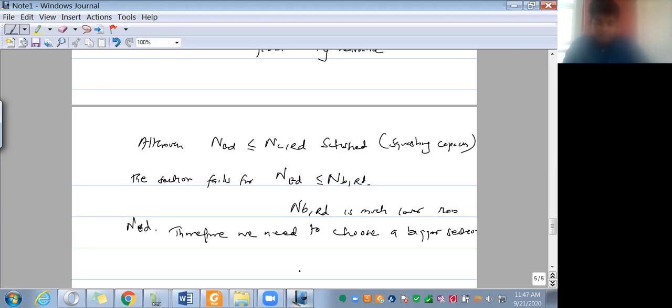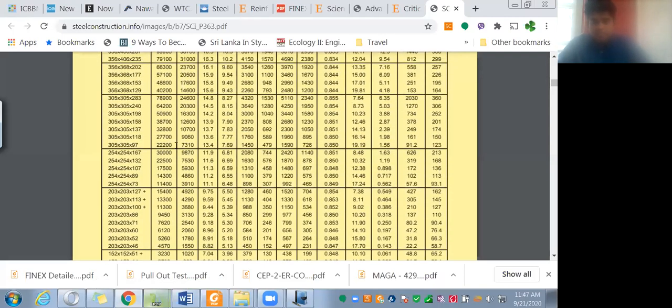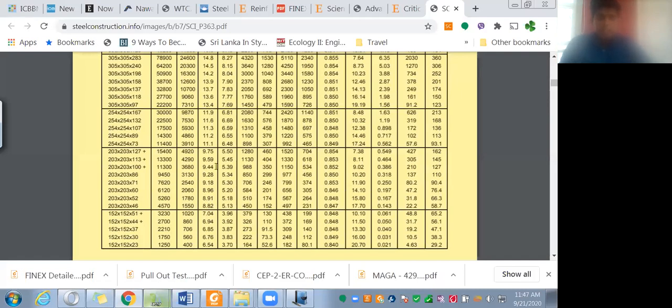Say, instead of 152, 123, maybe I can choose something like 254, 254, 73. So in this case, thickness is less than 16, so Fy is 355. If you choose this section, the area is high, so it will anyway satisfy N_c,Rd.